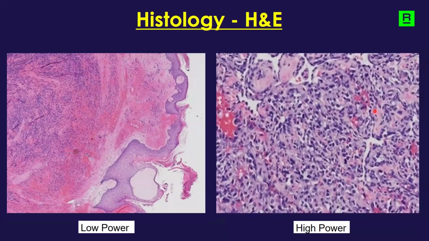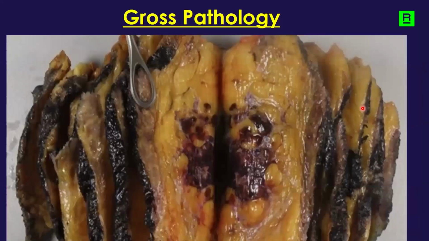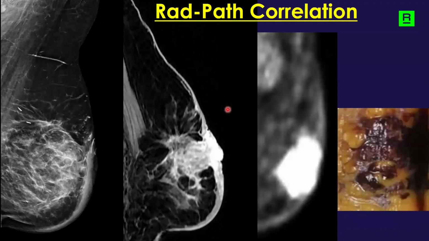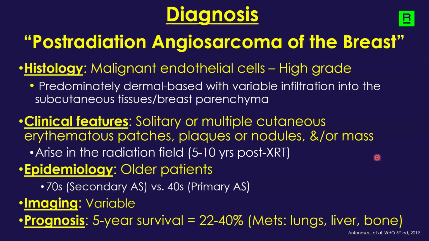You can see some red blood cells in here as well. Gross pathology, there's a 6 centimeter invasive hemorrhagic mass. Just beautiful rad path correlation between the mammogram, the MR, the PET, and also with gross. All right, so the diagnosis is post-radiation, also known as secondary angiosarcoma of the breast on histology.